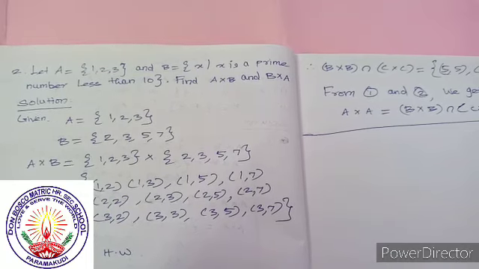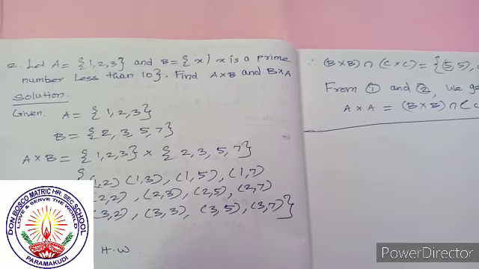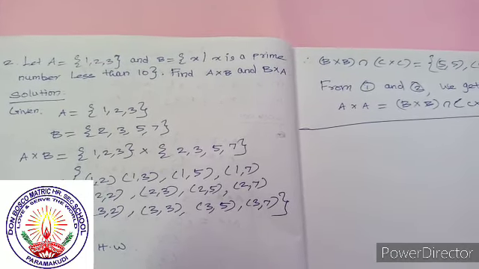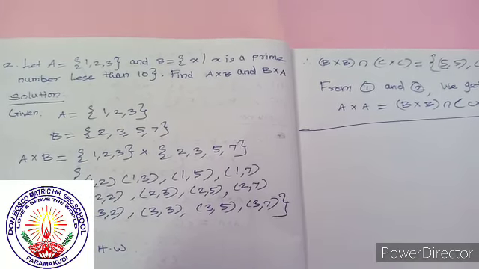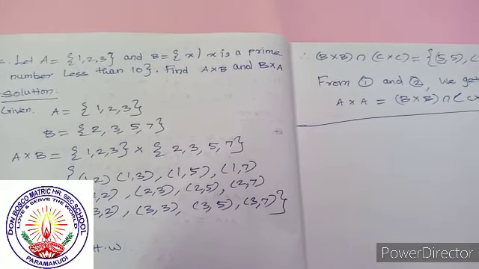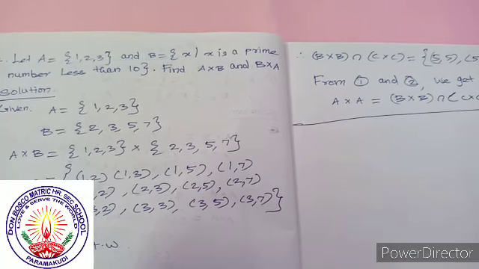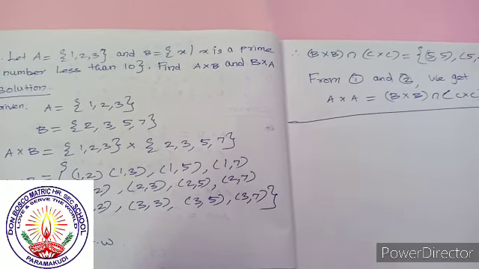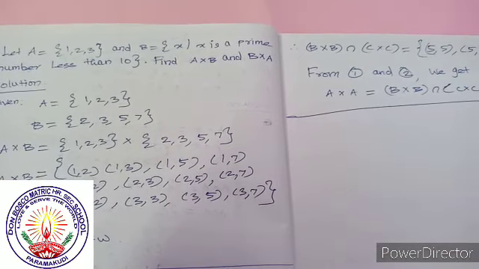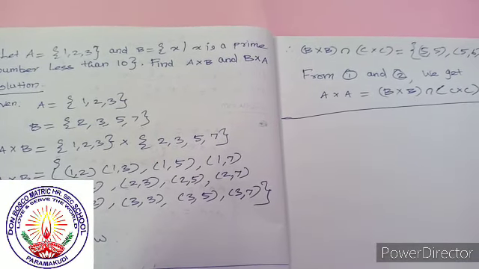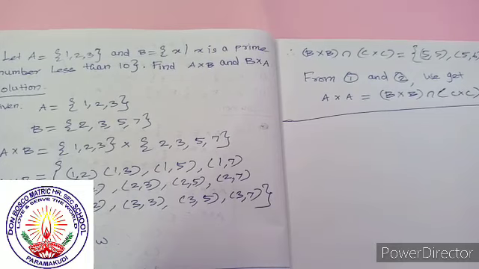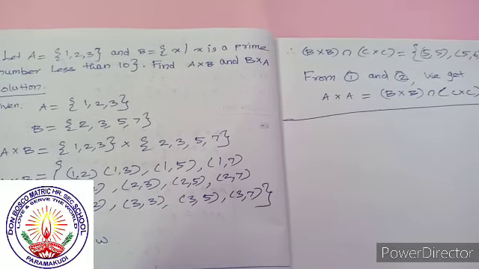Let A is equal to {1, 2, 3} and B is equal to the set of x such that x is a prime number less than 10. So we have discussed in the last class, question number 6 or 7, there will be one set in descriptive form, set of all prime numbers less than 8, like that we have discussed.